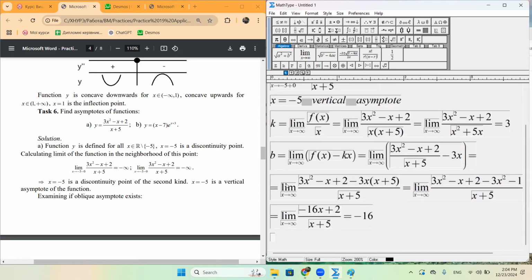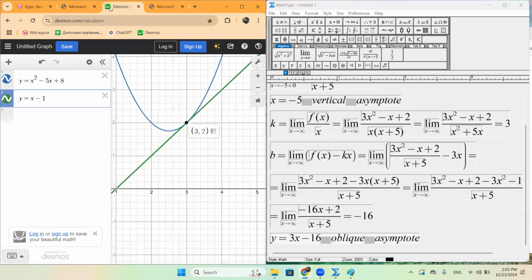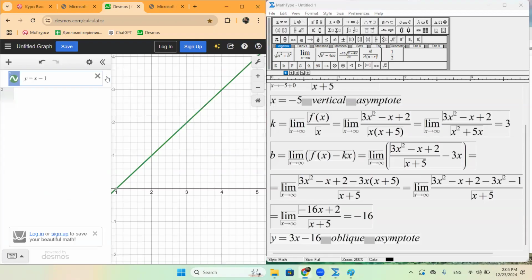So y equals 3x minus 16 is an oblique asymptote. So let's build the graph and check it.